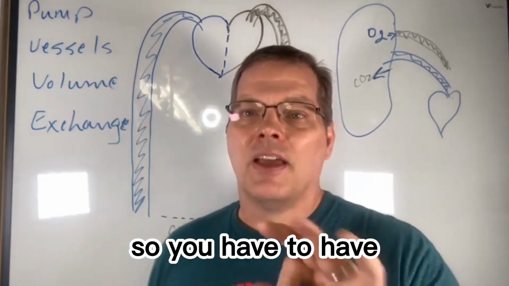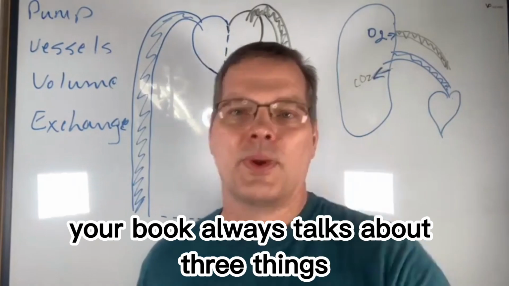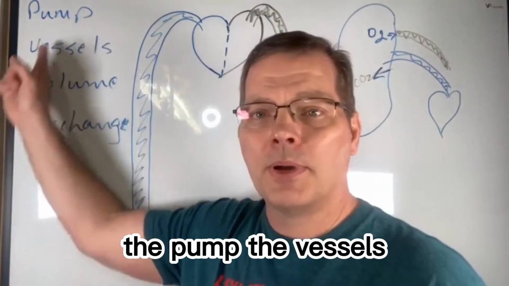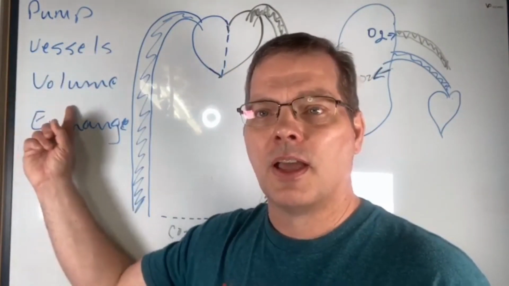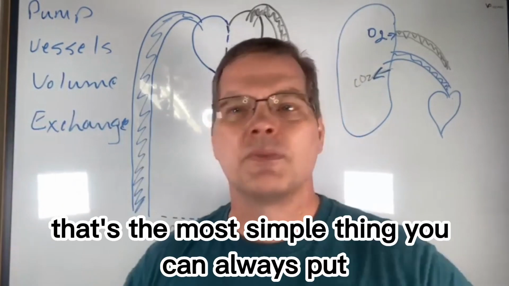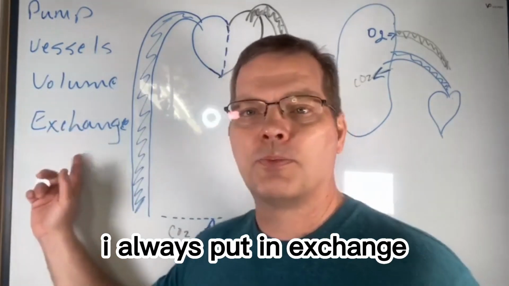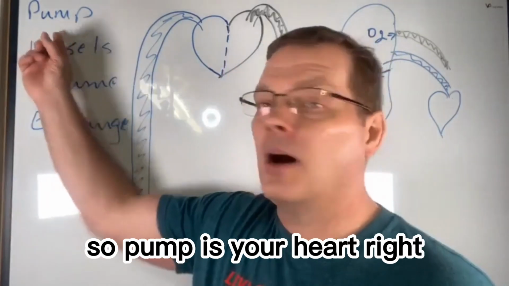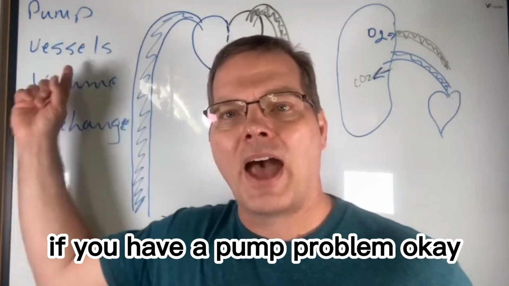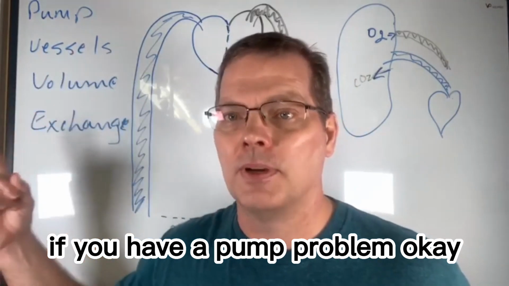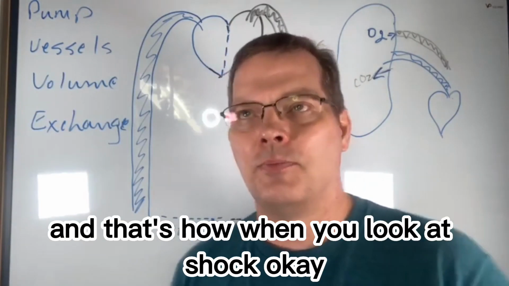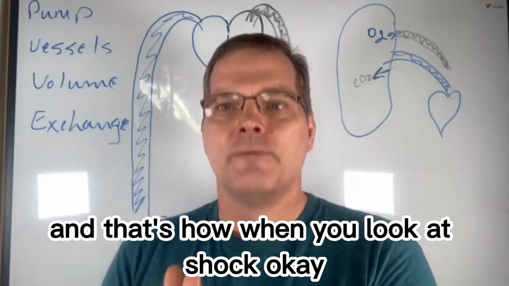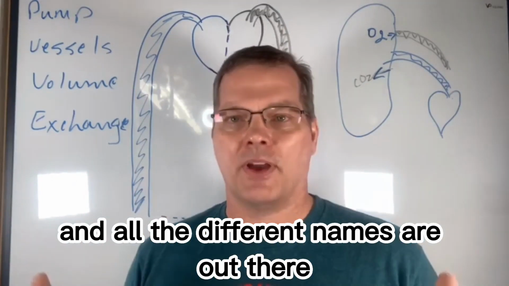Your book always talks about three things: the pump, the vessels, and the volume. If you look it up, that's the simplest thing you can put. I always add in exchange. What I mean by this is, pump is your heart. When you look at shock, there are all the different names out there.